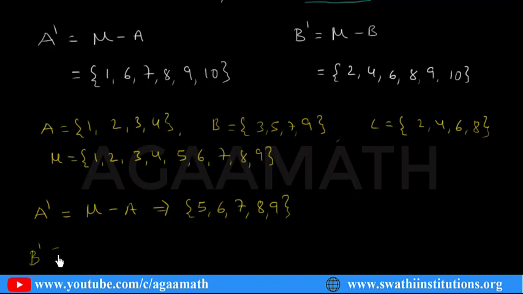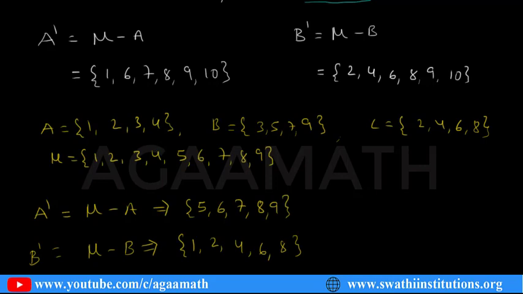Now B complement is mu minus B, only in the universal set but not in B. 1, 2, 3: I cannot take 3 because 3 is in set B. So 4, 6, 8. So these are mu minus B.